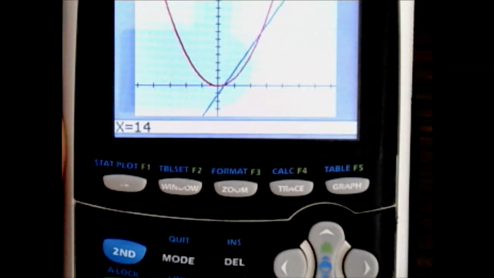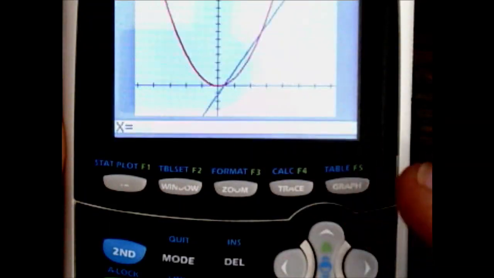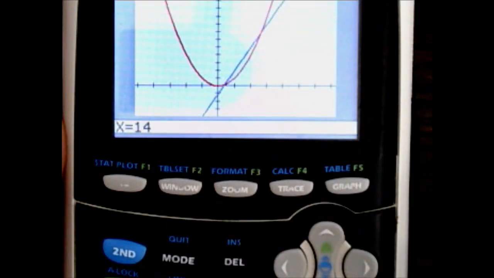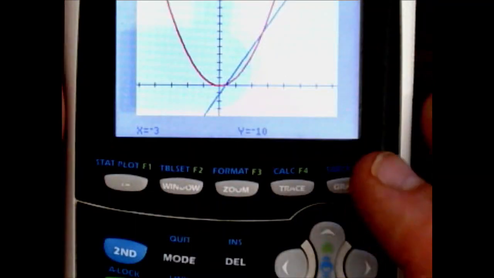Well, you can only ask it something that's on the screen. So I couldn't ask it 14 because my window doesn't go out to 14. So maybe -2, +4, 4.5, -3. So anything that's along this x-axis I can ask it.